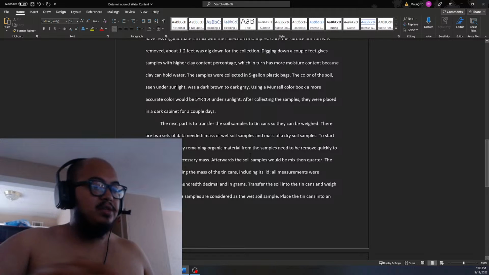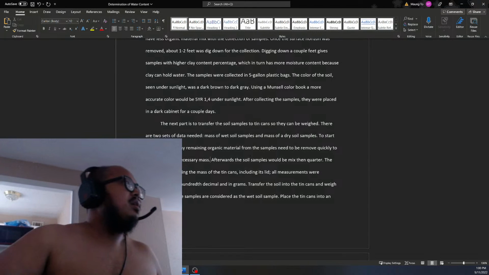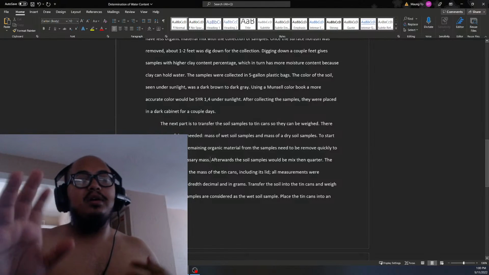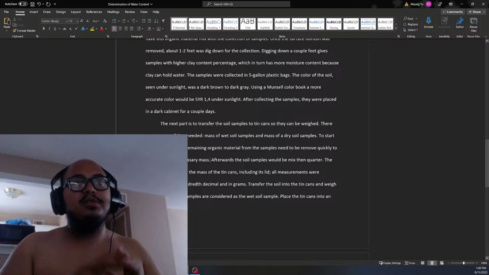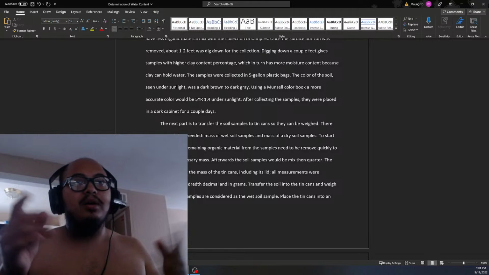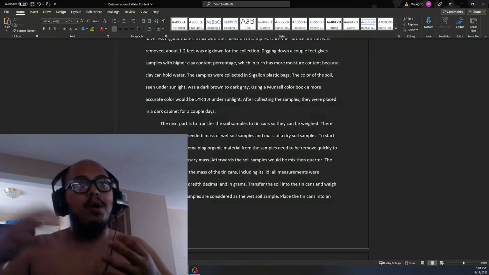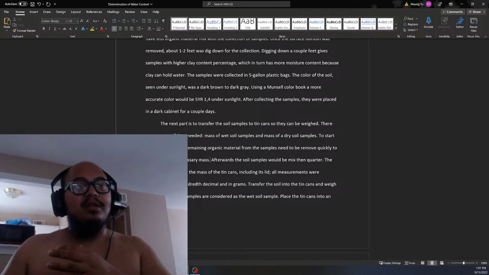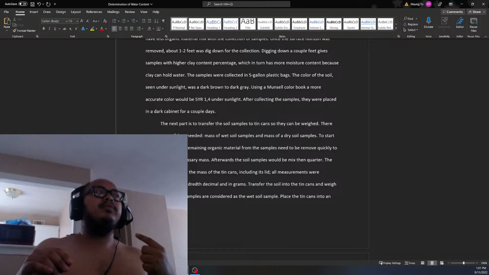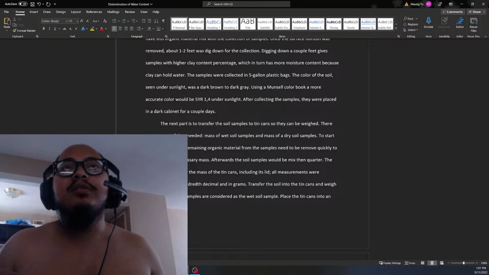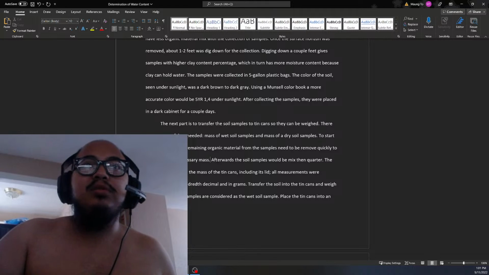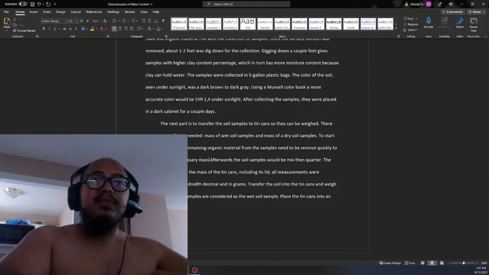The organic materials, such as small parts of roots, grass, or worms, all hold water, so we had to take them out as quickly as possible so we don't lose as much water content from the soil.